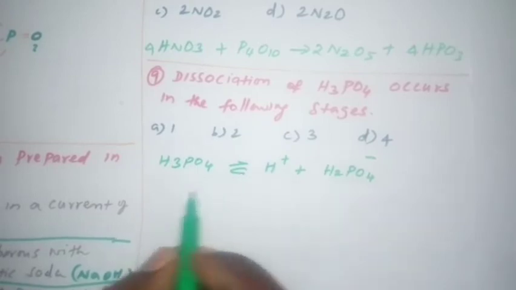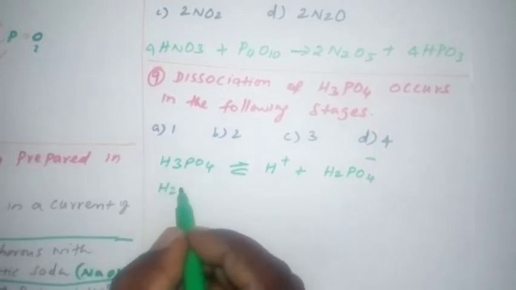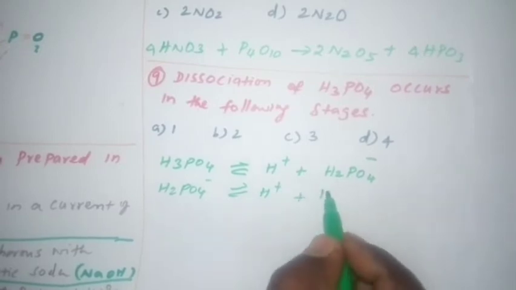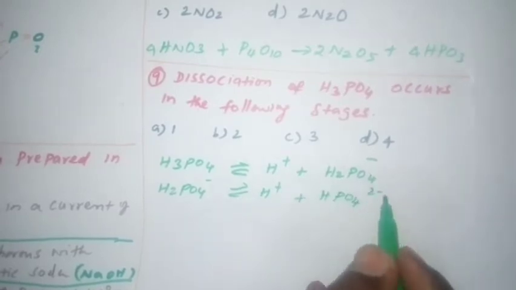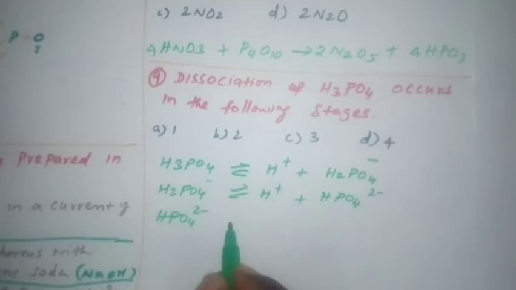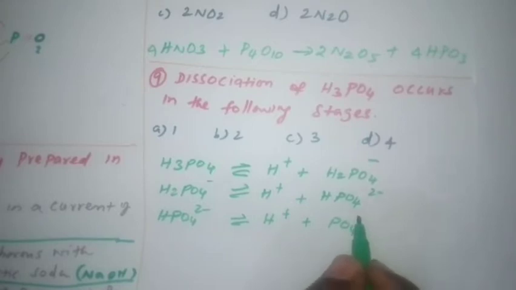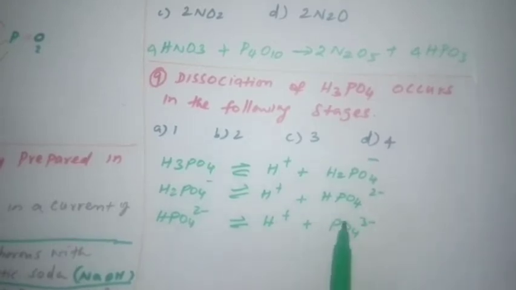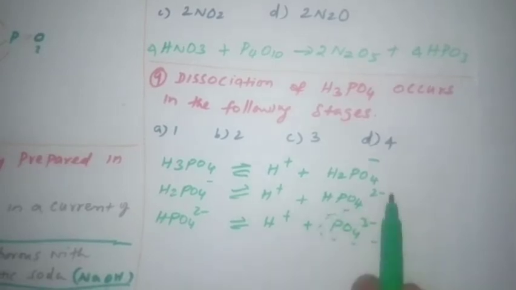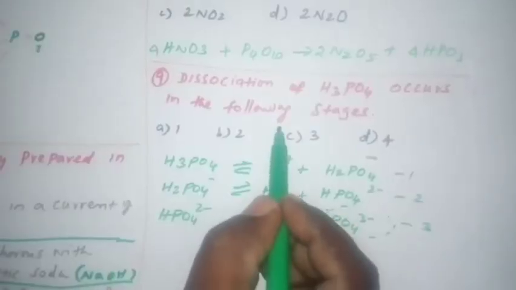Here the hydrogen ion is ionized. After this, H2PO4- will again dissociate into H+ and HPO4 2-. Then again this HPO4 2- dissociates into H+ and PO4 3-. Now see, there is no hydrogen atom attached to PO4 3-. So total stage 1, stage 2, stage 3. Option C, number 3.